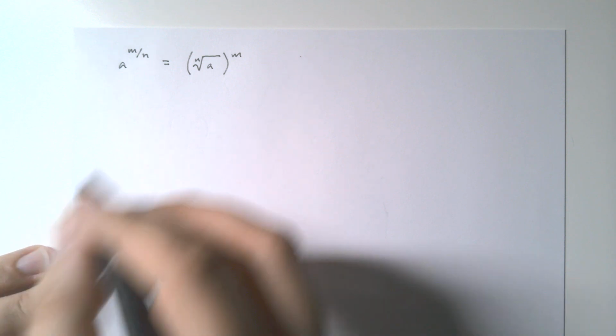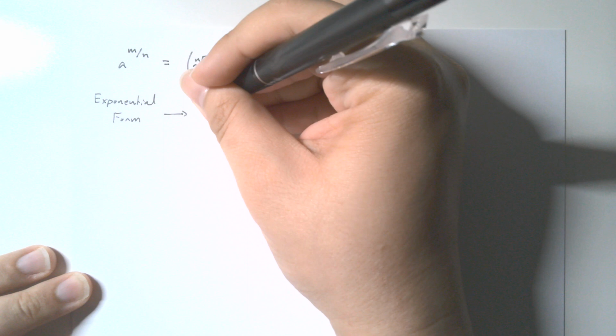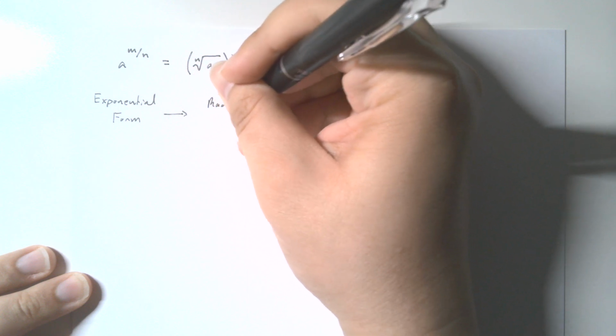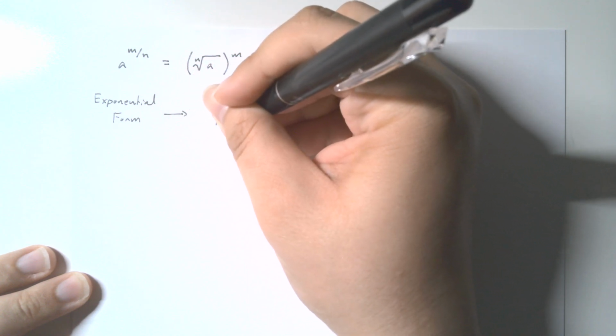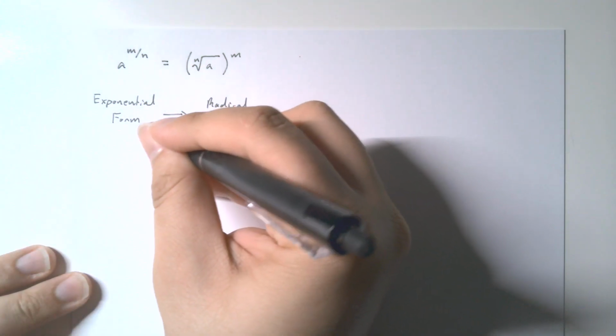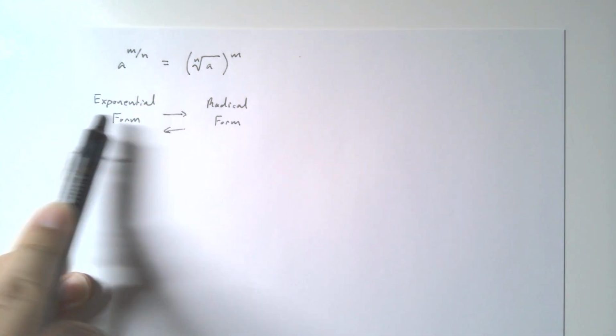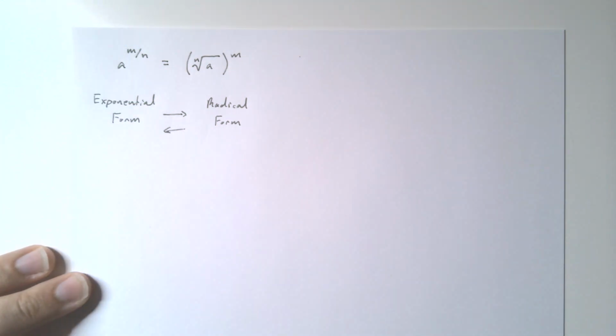In this section, we're going from this form, it's called exponential form, over to radical form. In the next section, we're going to go the other way around. But for now, let's focus on changing exponential form to radical form.